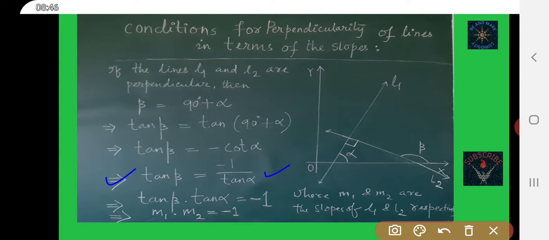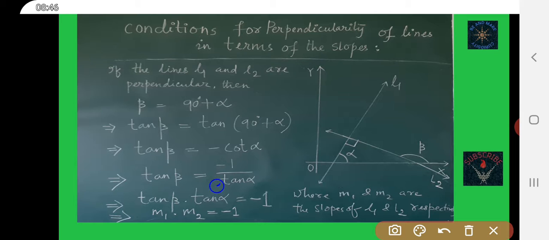Why? As you know, cot alpha is the reciprocal of tan alpha. So you can write cot alpha is equal to 1 by tan alpha. So here minus 1 by tan alpha.